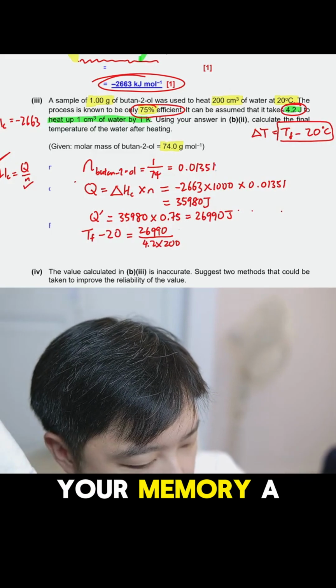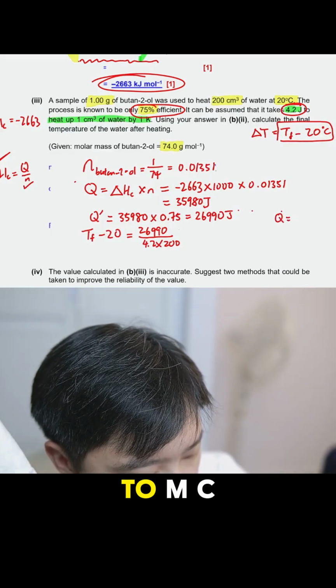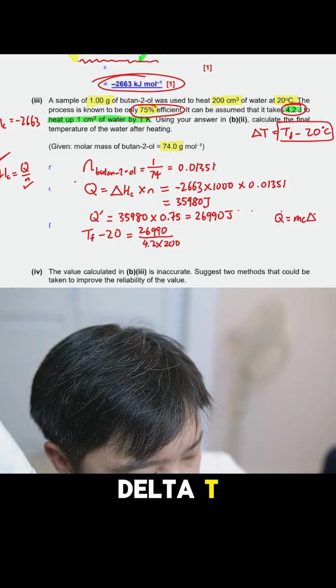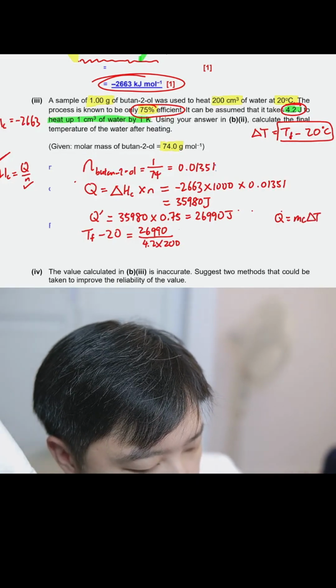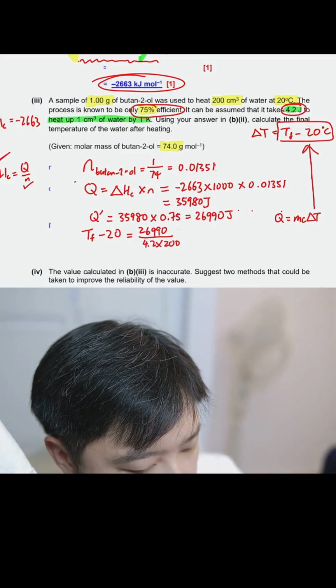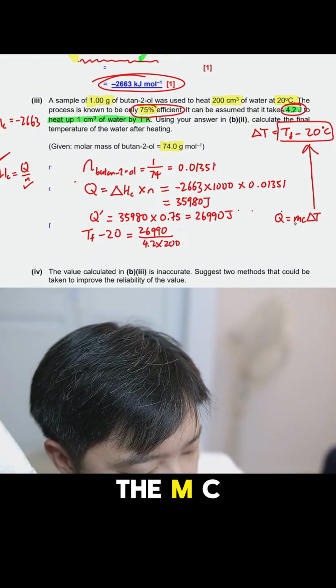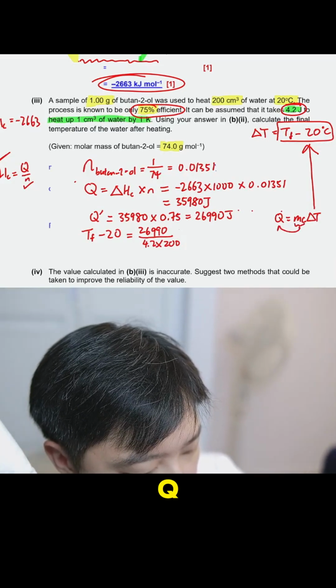Just to jog your memory, your Q is equal to mc delta T. So our delta T is this expression here. What we did is bring the mc over below the Q.